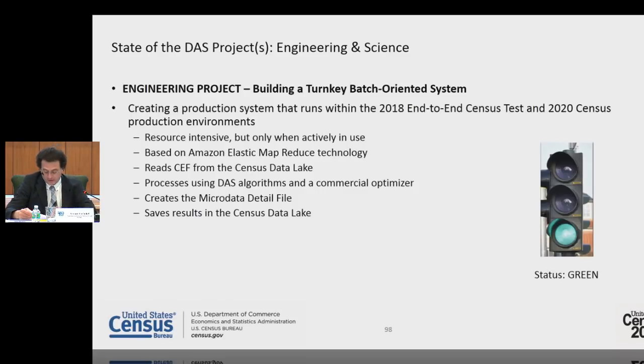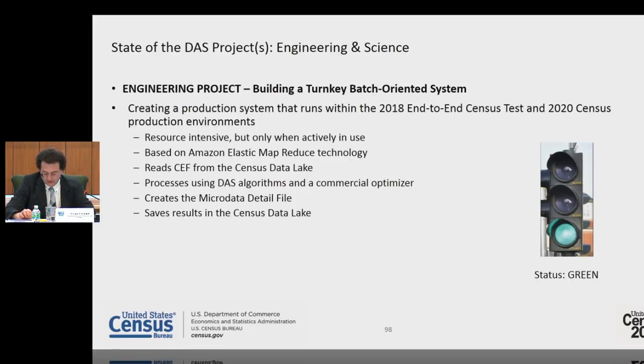There are really two DAS projects. The first is what I call the engineering project, and the second is the science project. The engineering project is to build a turnkey, batch-oriented system that will run without an operator and perform the disclosure avoidance for a national census.